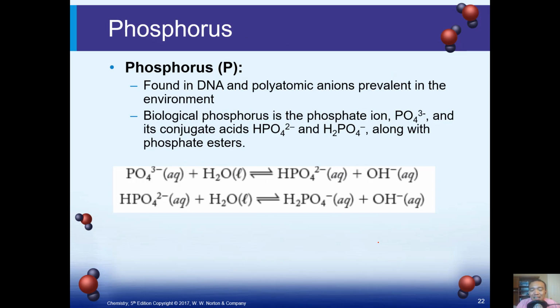Phosphorus is found in DNA and in polyatomic anions prevalent in the environment. Biological phosphorus is the phosphate ion, PO4 3-, and its conjugate acids like HPO4 2-, which is called hydrogen phosphate, and H2PO4-, or dihydrogen phosphate, along with phosphate esters.